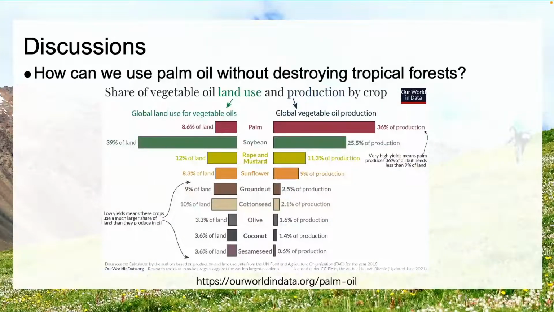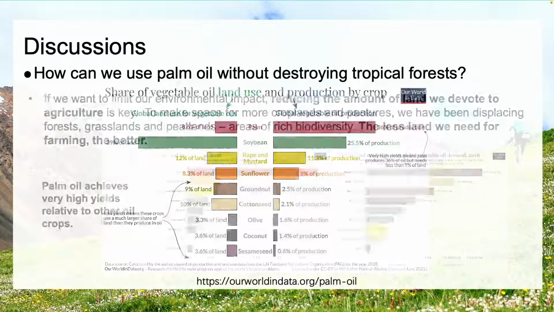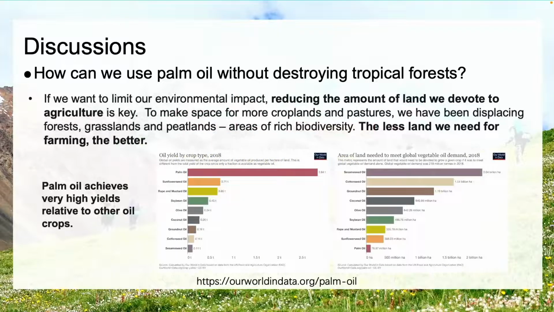Another topic I would like to discuss with you is how we can use oil palm without destroying tropical forest. Just as you see from this figure, oil palm produces lots of the oil, but only takes 9% of the area. And from this one, you can also see that oil palm has a very high yield compared to other oil crops.